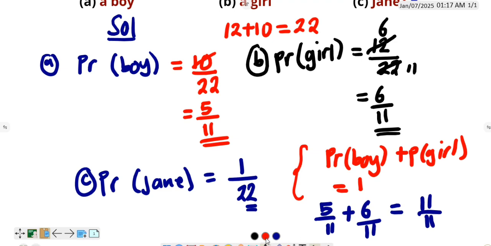And when you divide 11 into 11 it gives us a 1. So we are done answering this question. The reason why we have gotten a 1 is because we have covered all the possibilities. The student must be either a boy or a girl, and therefore the outcome is a certainty.